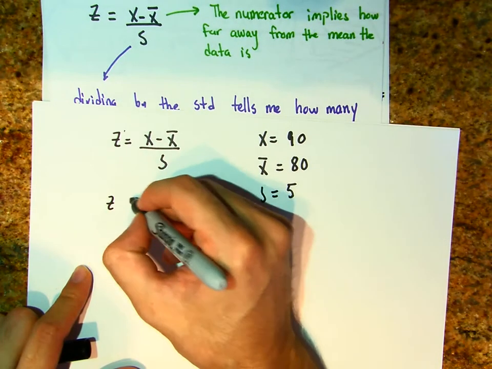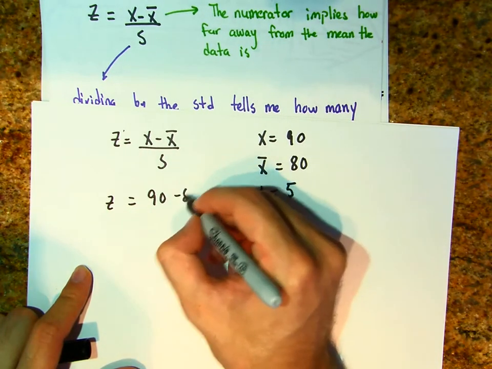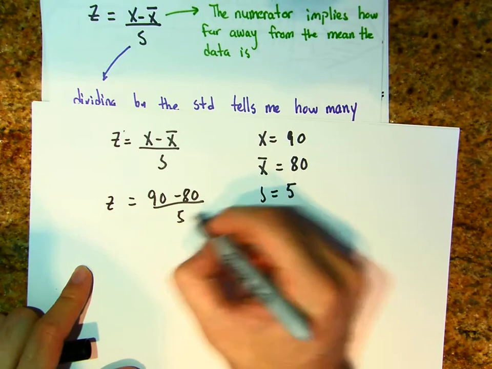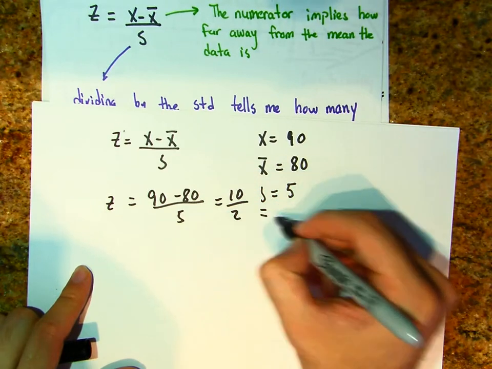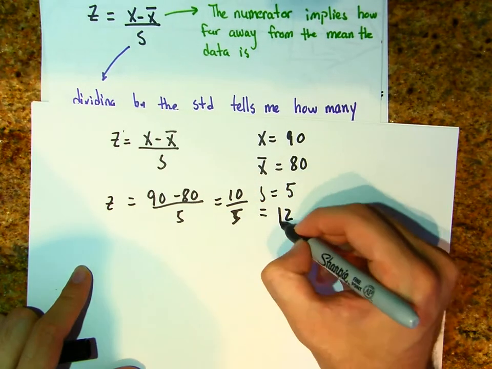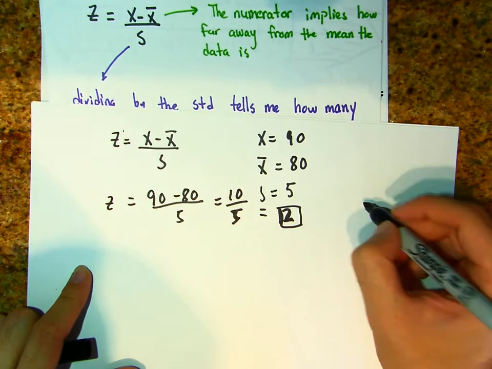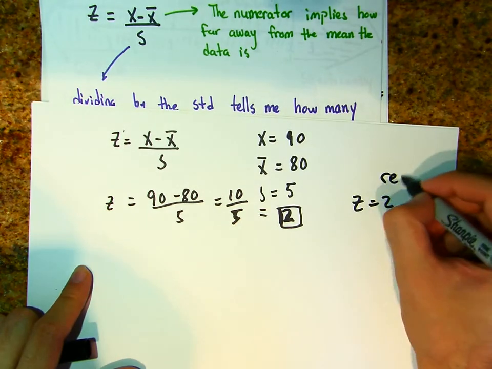So z equals 90 minus 80 over 5, which is 10 over 5, which is equal to 2. Now, what does this z equals 2 represent?